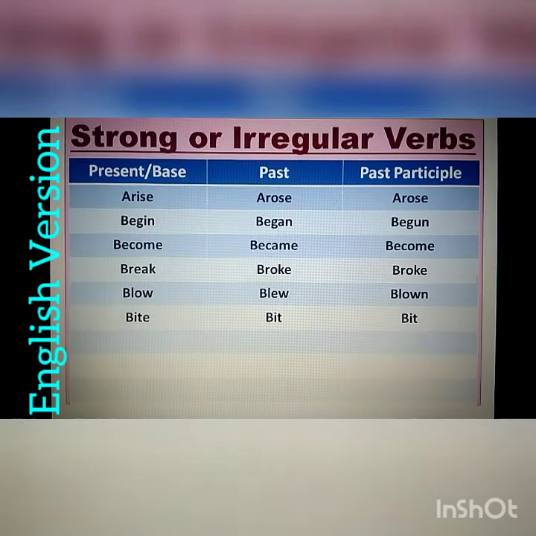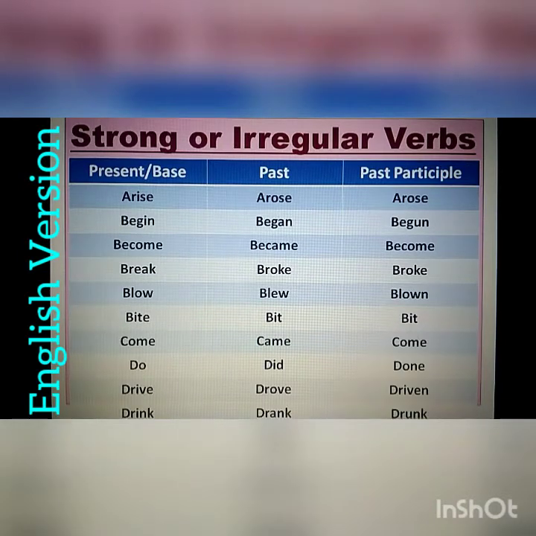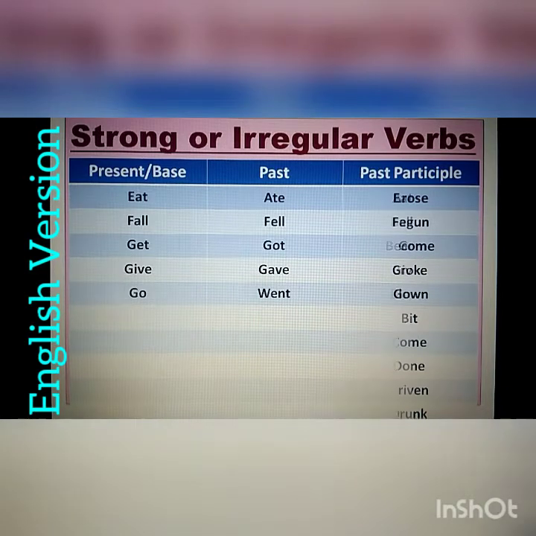Become, became, become. Likewise, come, came, come. Do, did, done. The vowels are changed. Now, eat, ate, eaten. Fall, fell, fallen. Get, got, got. Likewise, go, went, gone.